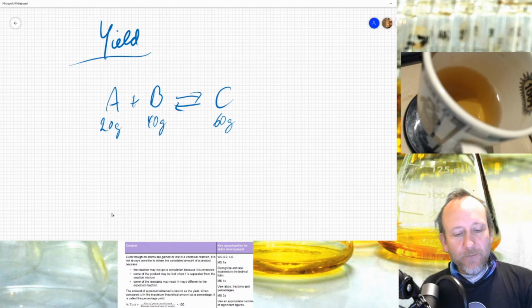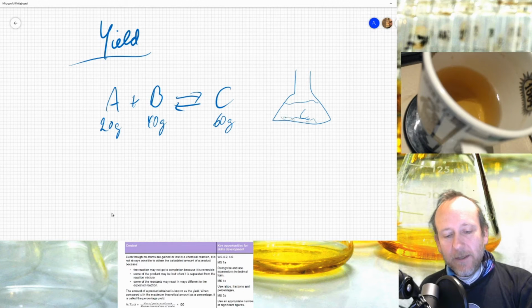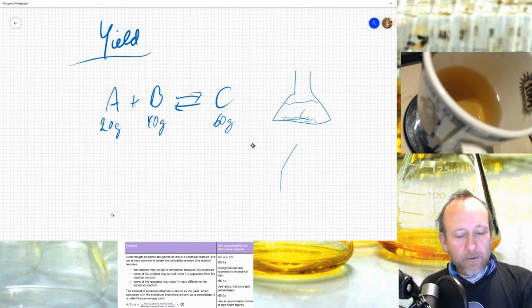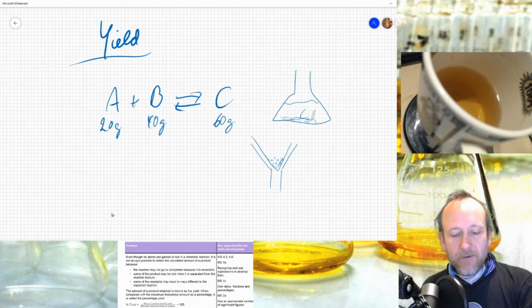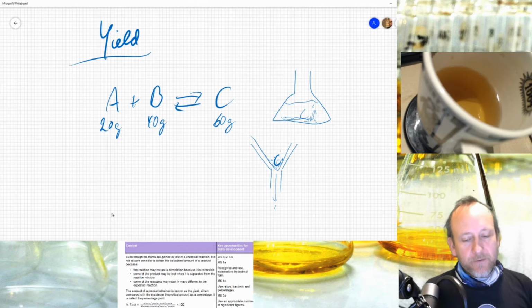So let's say you've done your reaction in your reaction vessel, so it's all there and it's all nicely reacted to C. But C is a powder, so that accumulates at the bottom, and then you filter it and you manage to trap C. But of course, some of the C might get stuck in the filter, or because there's a certain amount of solubility of the C, there's some C still in solution, so that then goes through, and some of the C is lost through this.